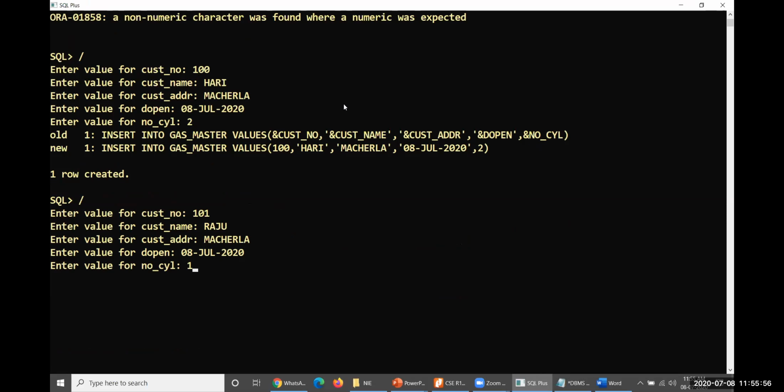Whatever constraints you have defined on each and every column have been satisfied here. It is unique, and we have provided data for the other columns too. 101 is unique because the previous value is 100. So the restrictions are fully followed by this table, and the row has been created.